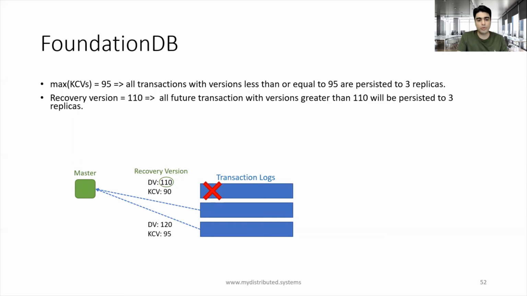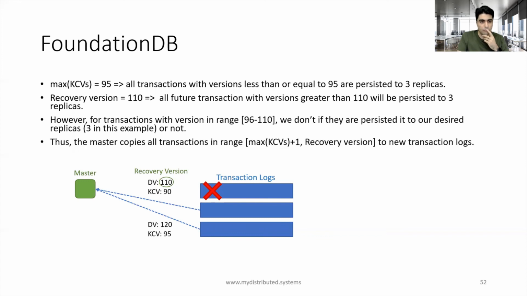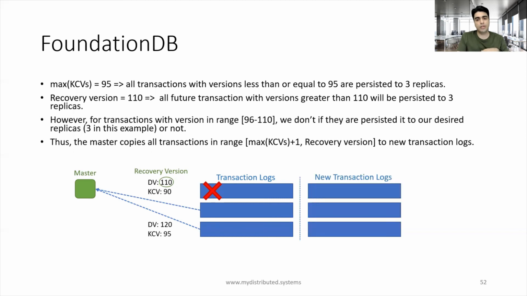So to make sure that we have enough replicas for each transaction that has been committed, the new master, before opening up for business and accepting new transactions, first copies all the transactions in the range of maximum KCV plus 1 to the recovery version to the new transaction logs.